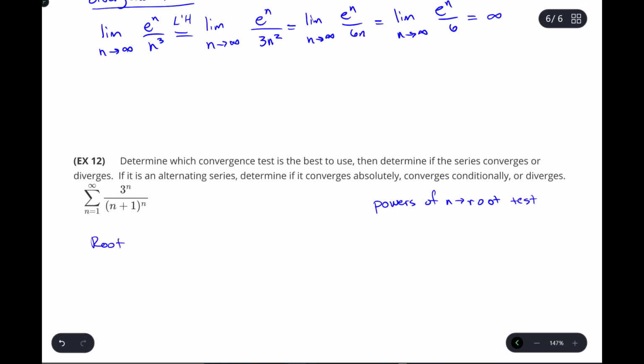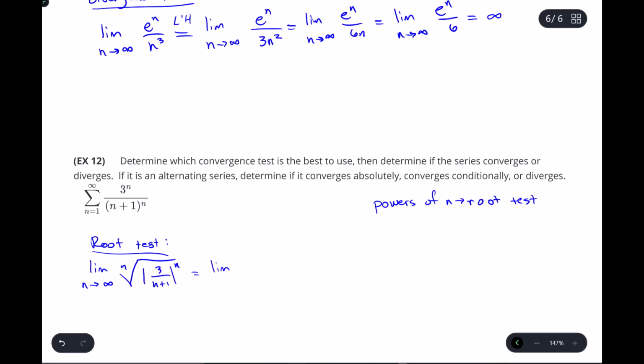Using the root test, I would be taking the limit as n goes to infinity of the nth root of the absolute value. I'm going to go ahead and factor out this nth power from the numerator and denominator. So just like that, and that should still be an absolute value.